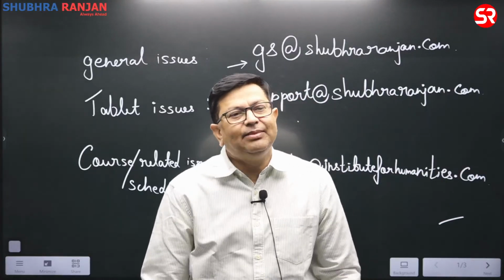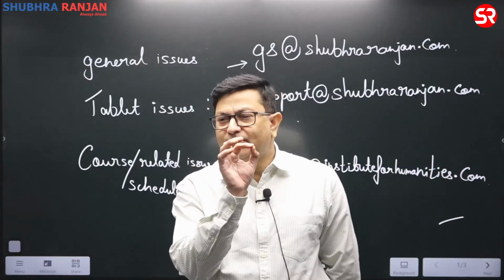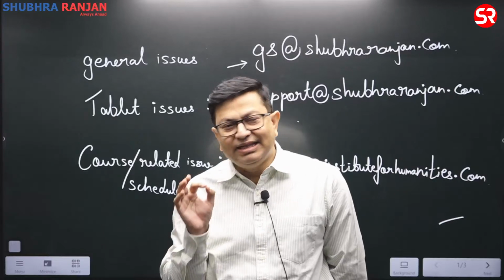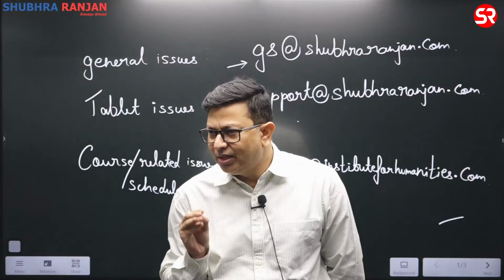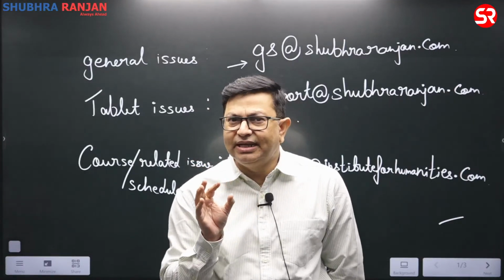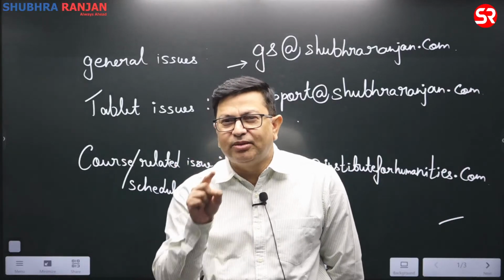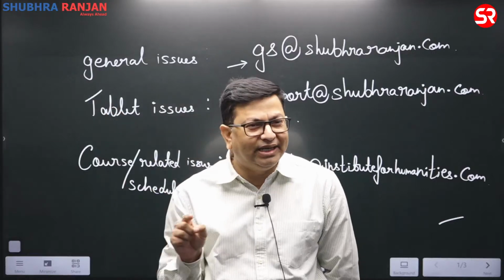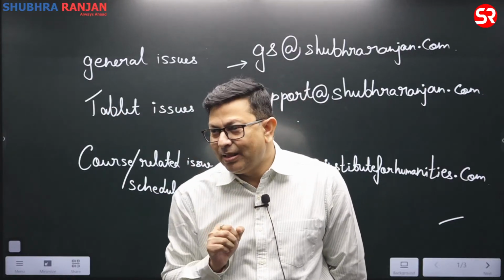Because in the examination also the question will be, which of the following statements is correct regarding the formation of a new state? 1 and 2, 2 and 3, 3 and 4, such statements will be there. It is not that which of the following is correct regarding Article 3, or regarding Article 2. It is not like that.